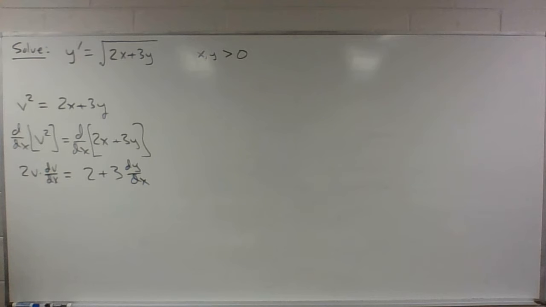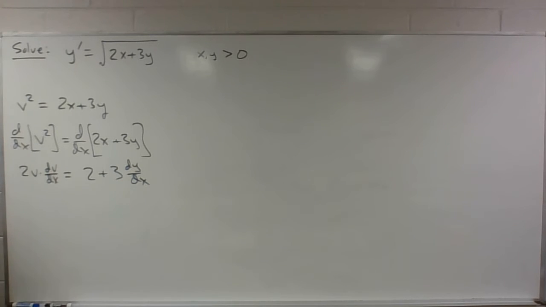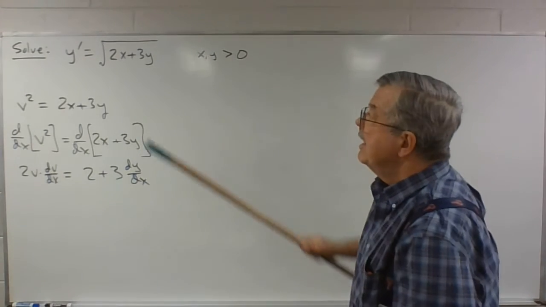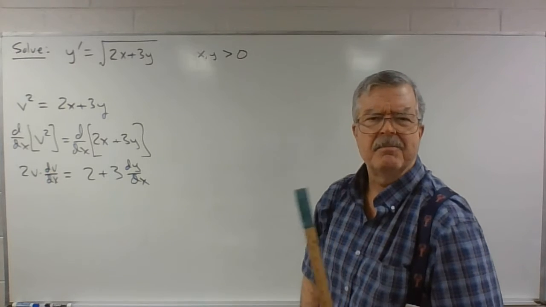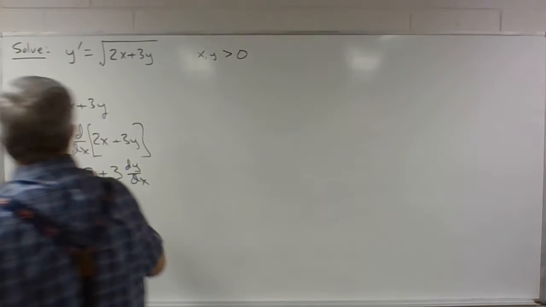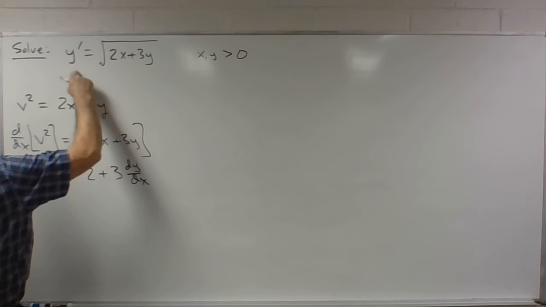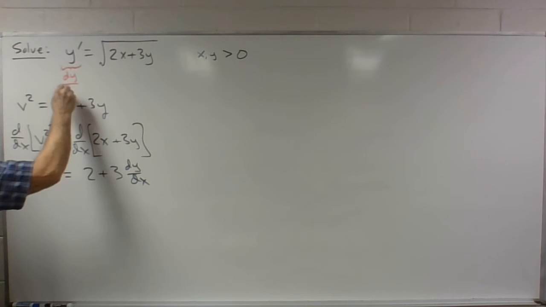And now somehow I've got to get rid of this dy dx and replace it with something in terms of x's and v's. And here's what catches my eye. This thing, well, I have a y prime there, but in an equation that has x's and y's, when I say y prime, what I really mean is dy dx.